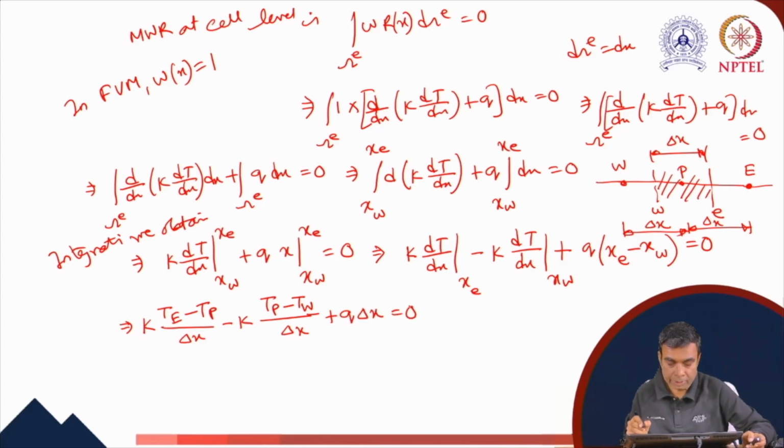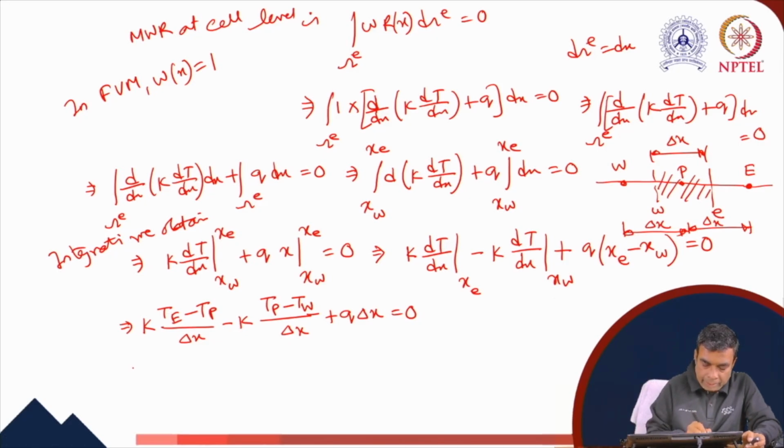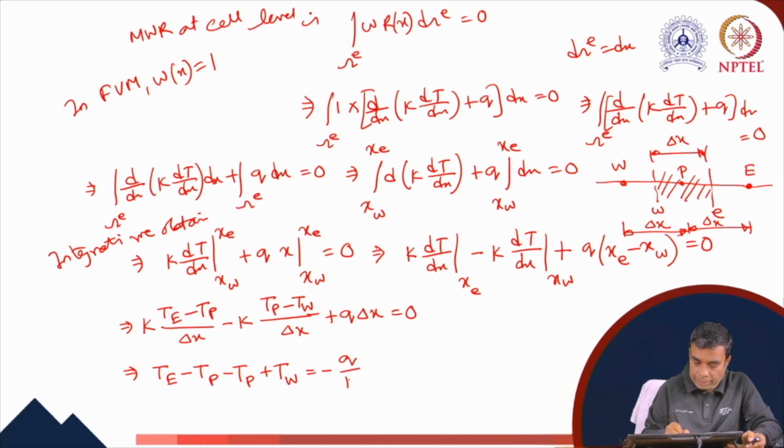This x east minus x west is the mesh size. So this can be written as Te minus Tp minus Tp plus Tw equals to minus q by k into delta x whole square.